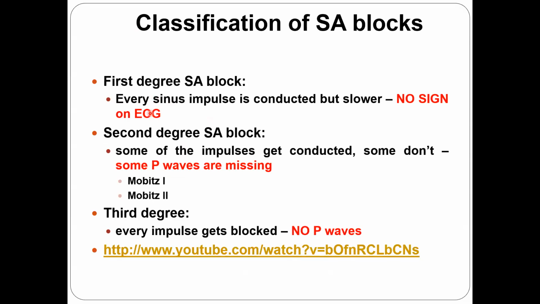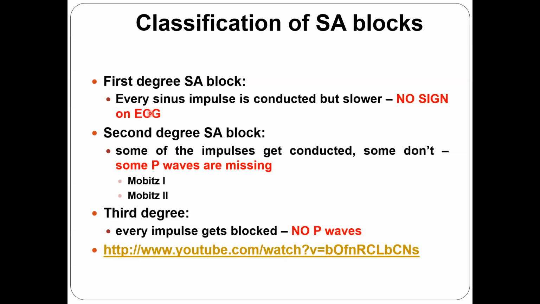If you had an esophageal ECG, you can detect when the SA is activated and after that how fast the charge propagates to the atrium, that could be a very good clue. Now, second degree, a little bit difficult one, because it's meaning that there are missing P waves.